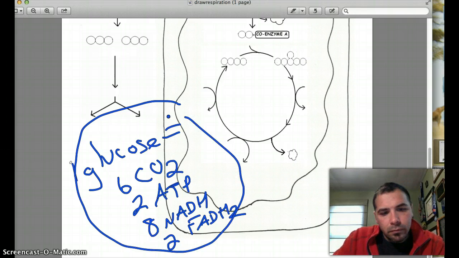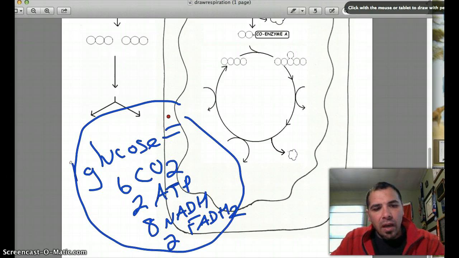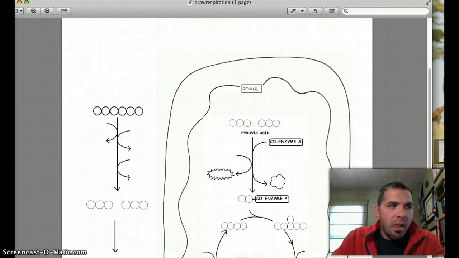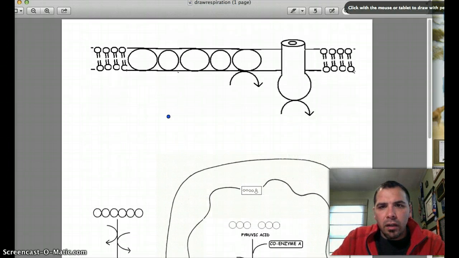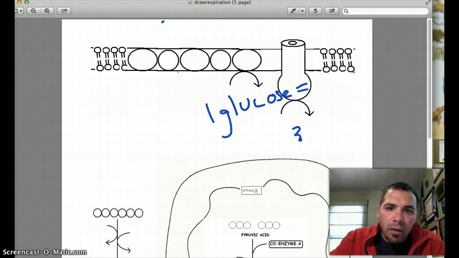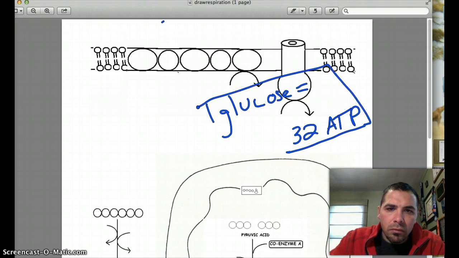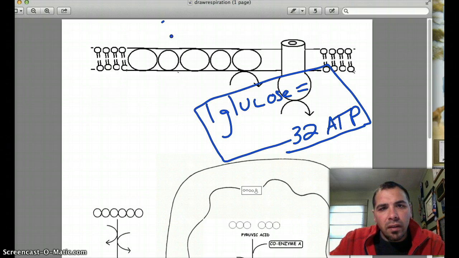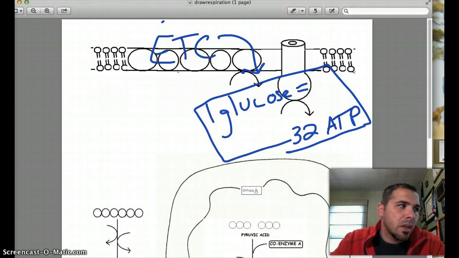If we go back up top, one glucose will give you about 32 ATP here. The electron transport chain produces the most ATP.